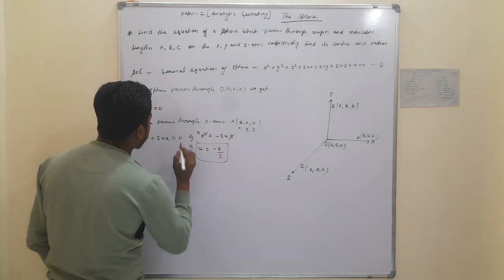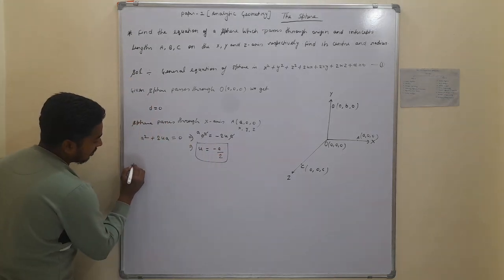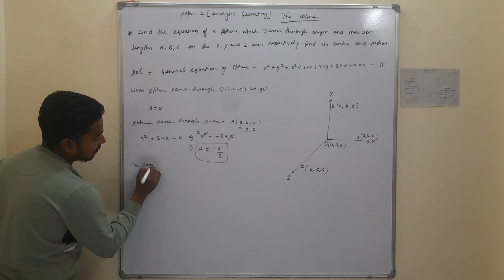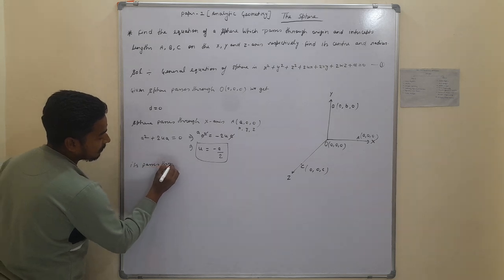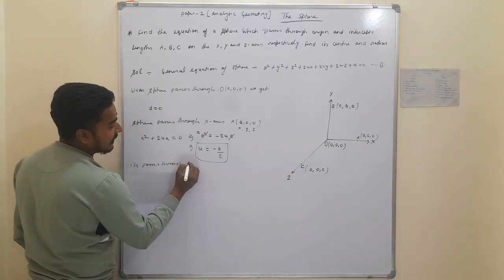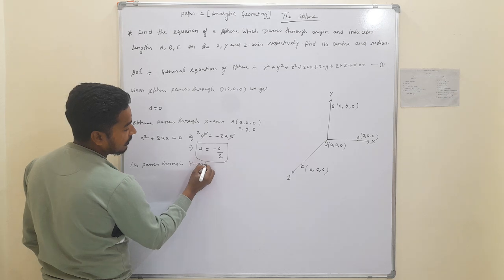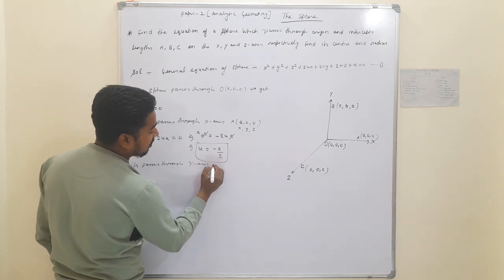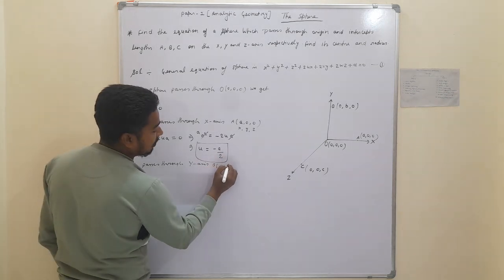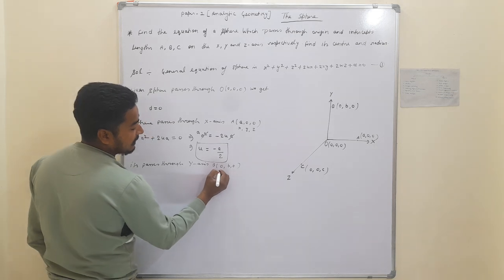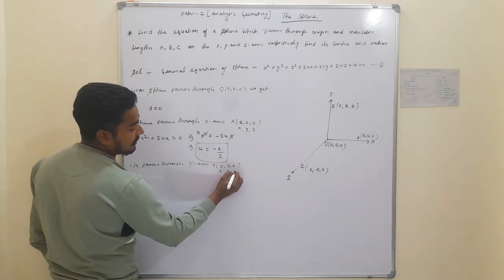Similarly, it passes through the y-axis. The y-axis point is given by 0, b, 0. Here x is 0, y is b and z is 0.